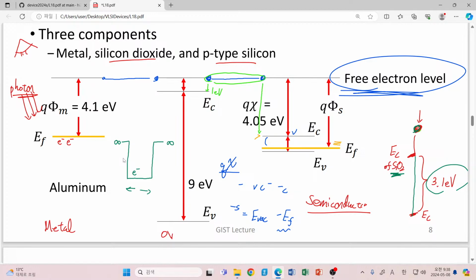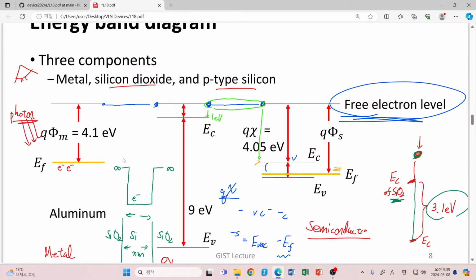That's the reason why if you make a system like silicon with a several nanometer length scale, sandwiched by silicon dioxide layers, then this system can be well approximated as what? As this kind of infinite potential well, because the height can be regarded as sufficiently high in this case. Okay.